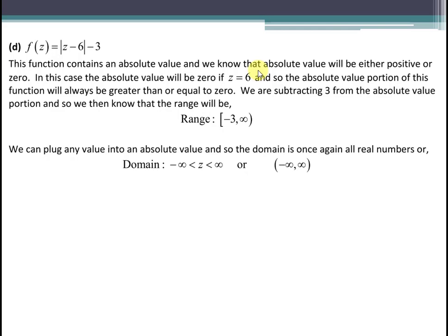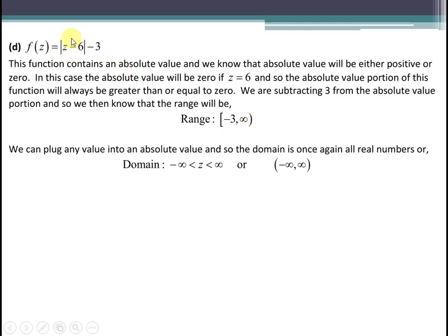And so the absolute value portion of this function will always be greater than or equal to 0. We are subtracting 3 from the absolute value portion, and so we know that the range will be from minus 3 till plus infinity.